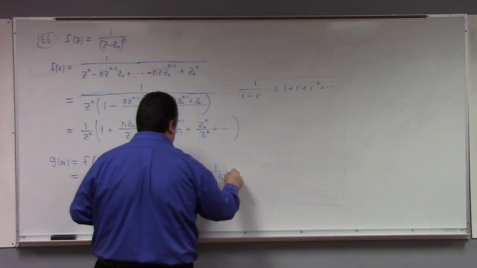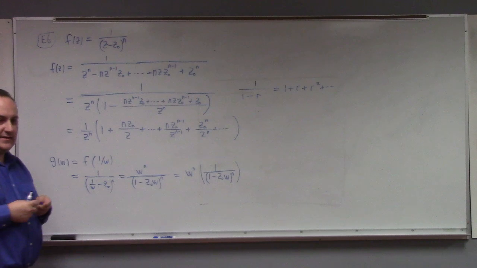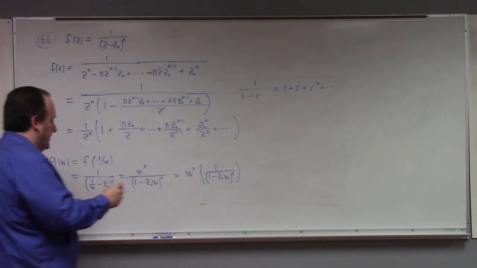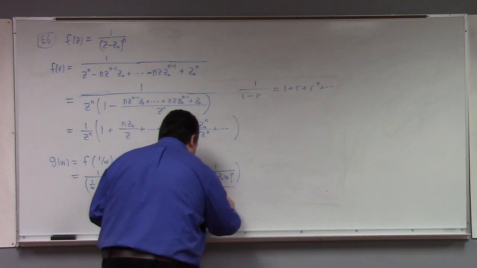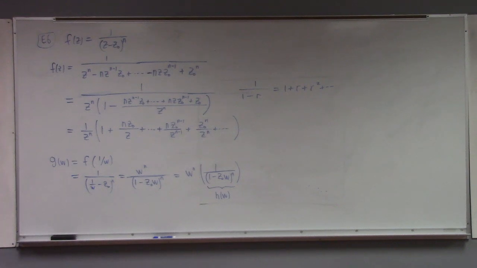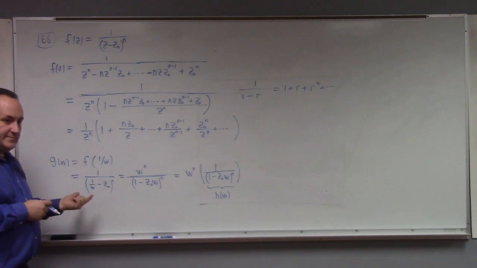It's very clear that that is analytic at w equal to 0. And what's its value? If I call this thing h of w, h of 0 is clearly 1. So this proves that this function has a 0 of order n at infinity.